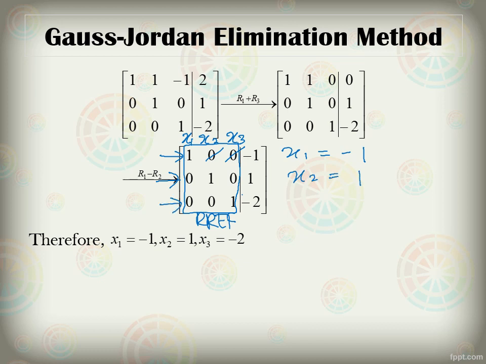For row 3, we have 0 for x1 and 0 for x2, we only have the coefficient for x3, which is 1, so instantly we can see directly that the solution for x3 is minus 2. You see, these are all the same solution as we got from the first method and second method. So Gauss Jordan, which is the third method, should get the similar answer.